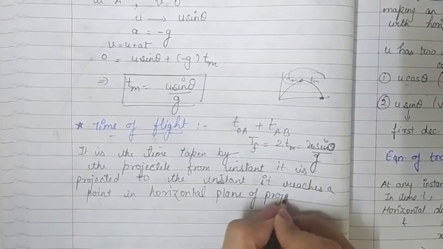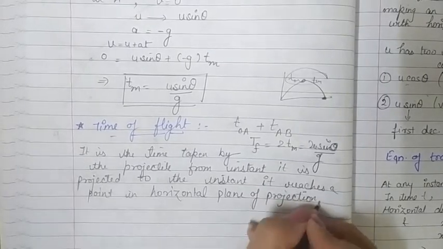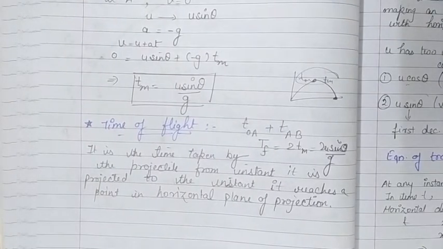That total time is called time of flight and it is represented by Tf, that is capital T suffix f.